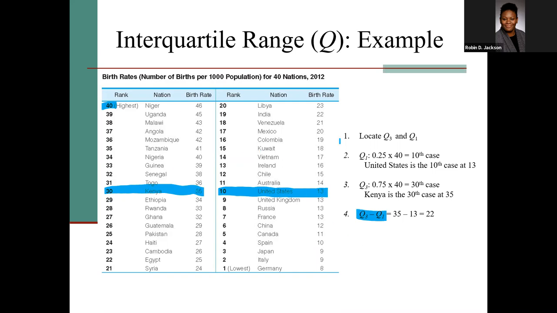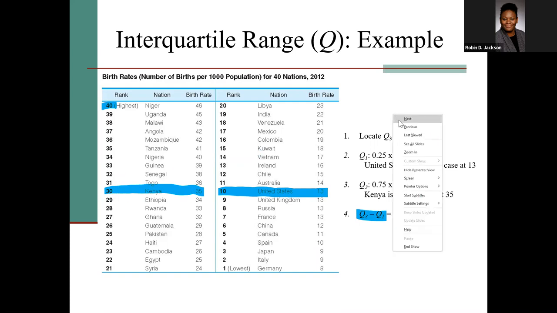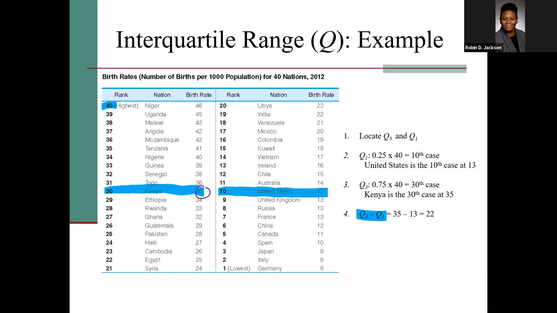In order to get the interquartile range, I take this number, not the number 30. I take this number, 35, and I take 13, because those are the scores for the 10th case and the 30th case. 13 is the score for the 10th case. 35 is the score for the 30th case.